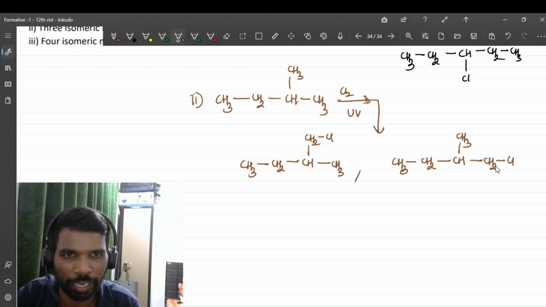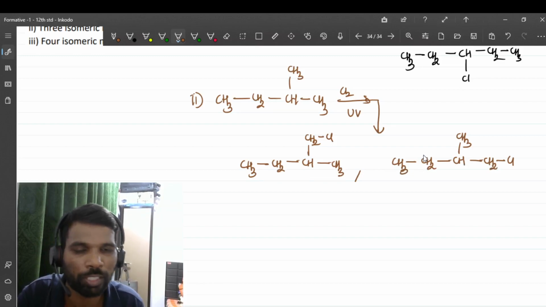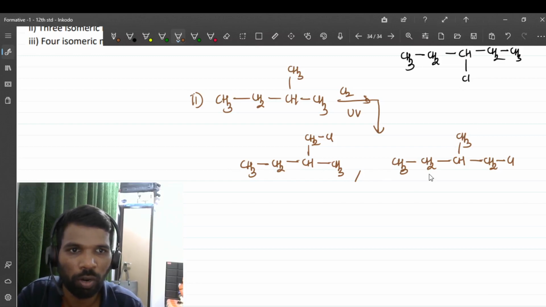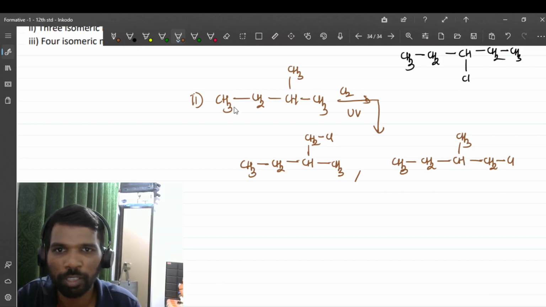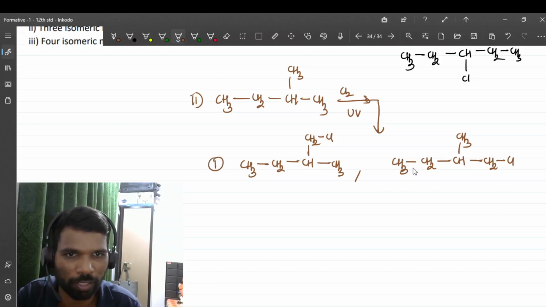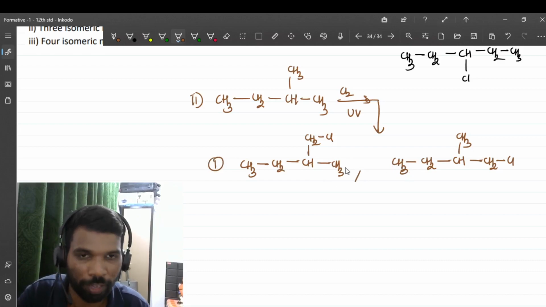So both these compounds are actually the same. If you do the IUPAC nomenclature, the names of both the compounds will be the same. So I'll consider both to be one. This is just one compound I'll consider. They are not different, they are the same compound.